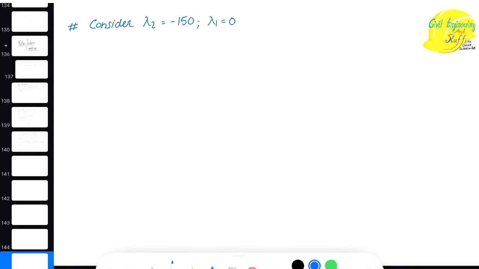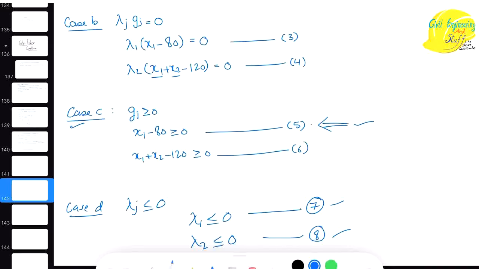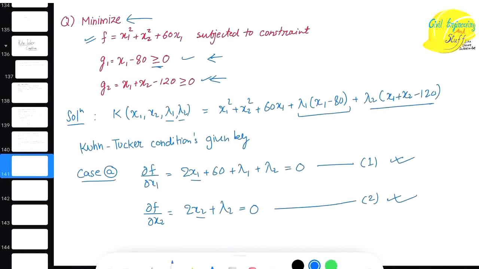So again putting this value in equation number 1, we are going to put the values in equation number 1. These are our equation number 1 and 2. So let's put the values.